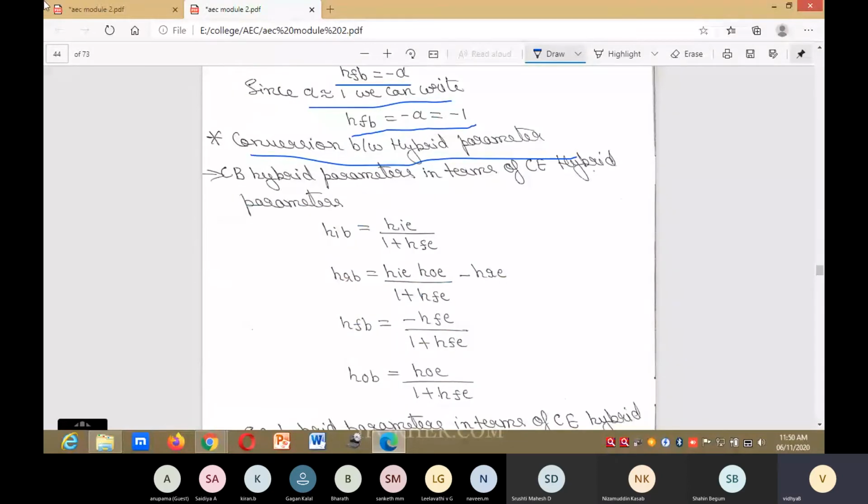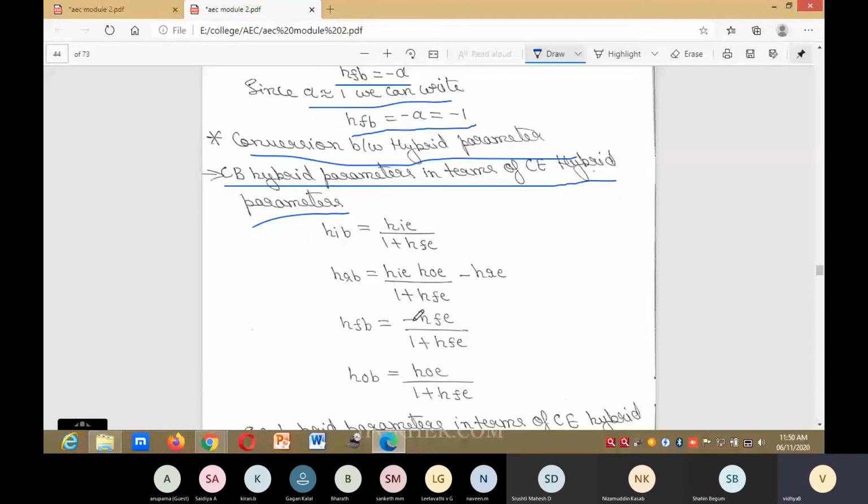Next topic is conversion between hybrid parameters. You should know the formulas for this. CB hybrid parameters in terms of CE hybrid parameters. We are writing common base hybrid parameters in terms of common emitter hybrid parameters. HIB is equal to HIE divided by 1 plus HFE. HRB is equal to HIE into HOE divided by 1 plus HFE minus HRE.